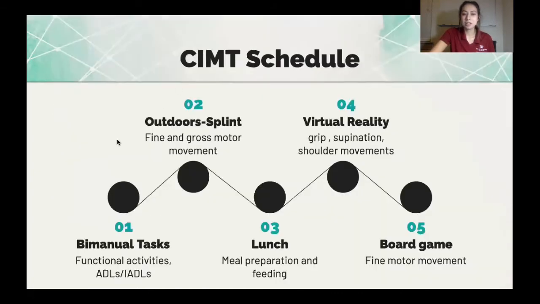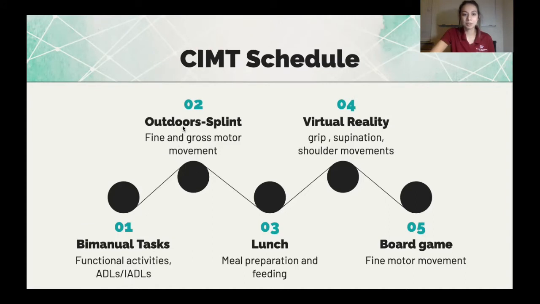The constraint-induced movement therapy protocol that I witnessed included bimanual tasks in the morning where we worked on functional activities and ADLs. And then we would put a splint on her dominant hand and she would complete activities 2 through 5 with her non-dominant hand.